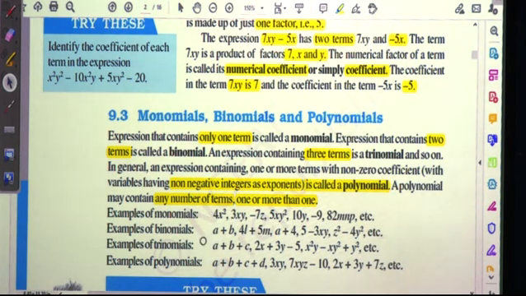That will be clear in the example. 4x square, how is the exponent value? It is 2 and it is an integer, but it is positive, not negative. So, here you can see 4x square is a monomial.